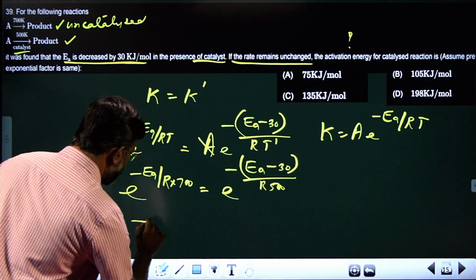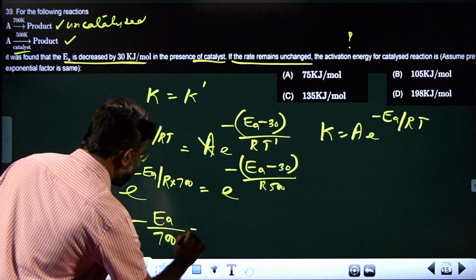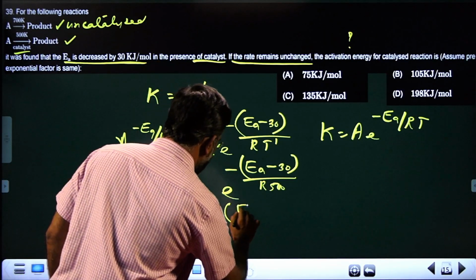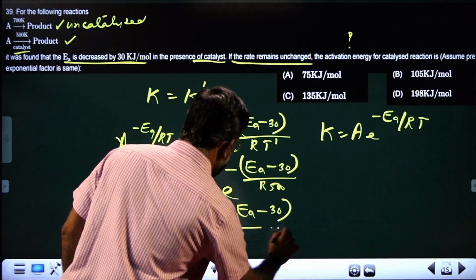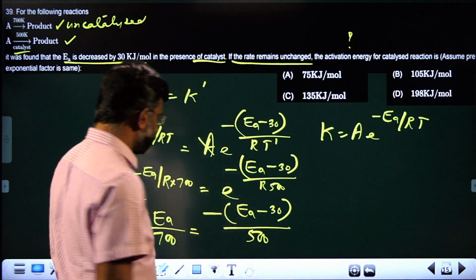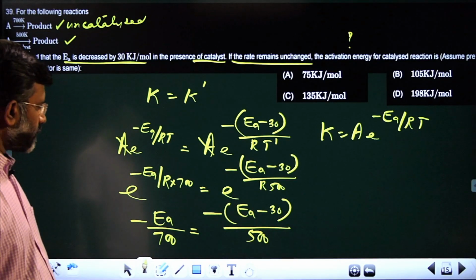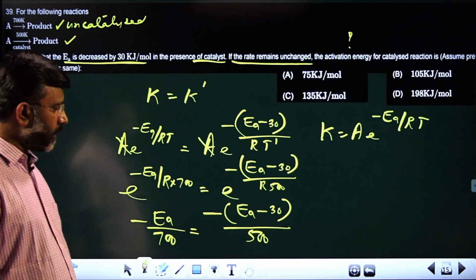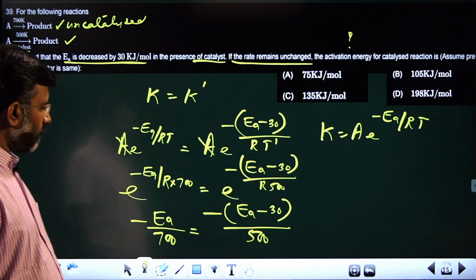That means minus EA by 700 is equal to minus of EA minus 30 divided by 500. R cancels. The exponential term is taken into the normal form, since both sides we do the same operation.